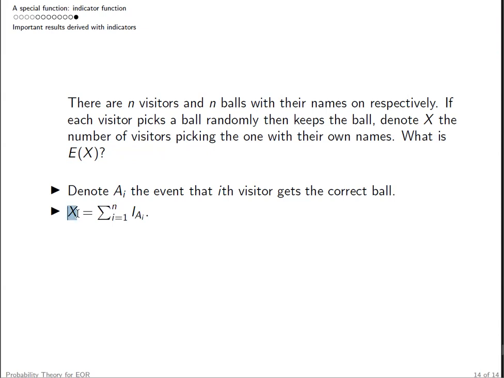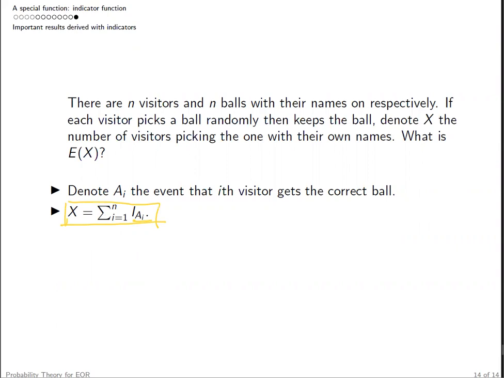Then apparently X equals the summation of the indicator functions of A_i. If A_i occurs, this equals 1. And how many ones we have is exactly the number of visitors who get the correct balls. So both sides are exactly the same random variable. How do we proceed from this step?